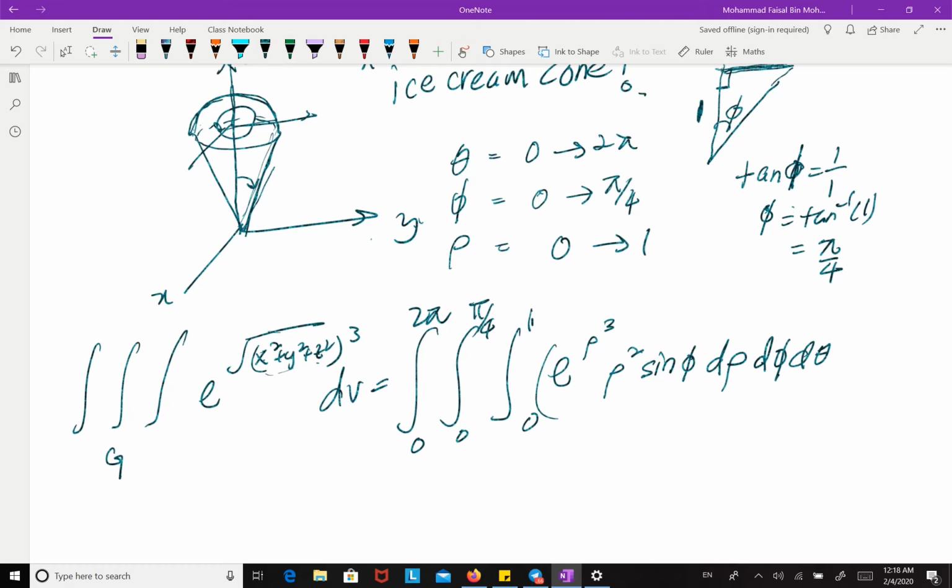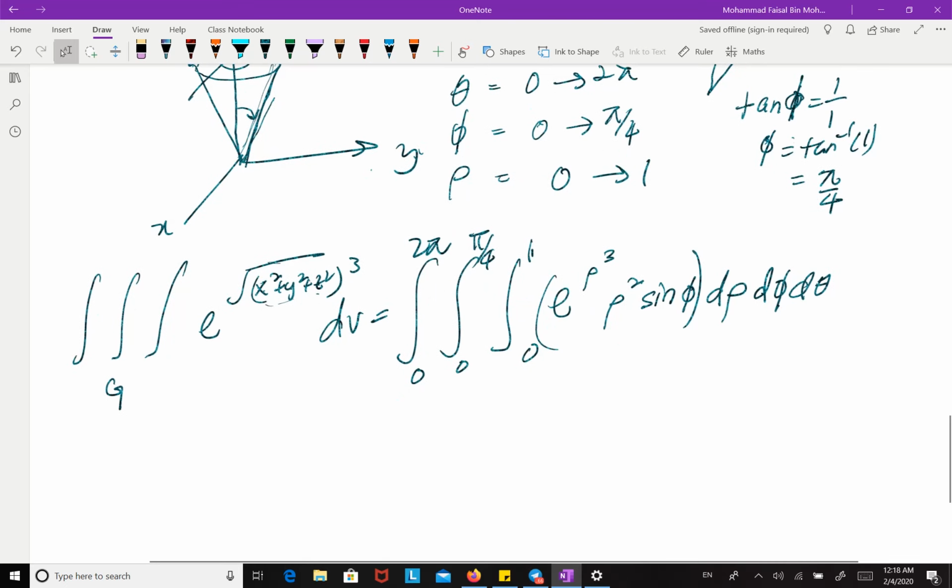If you integrate this, you will get 0.3355 pi.